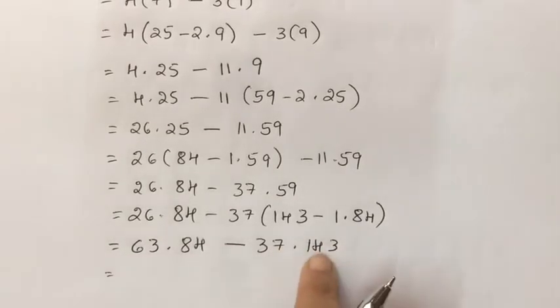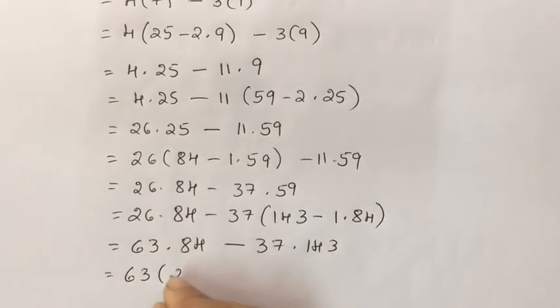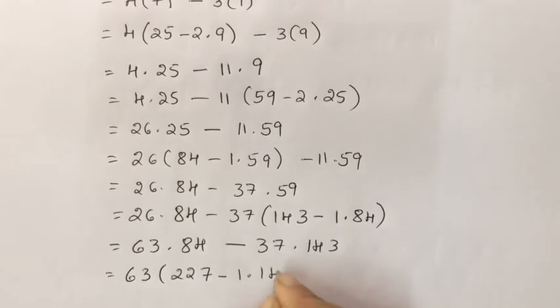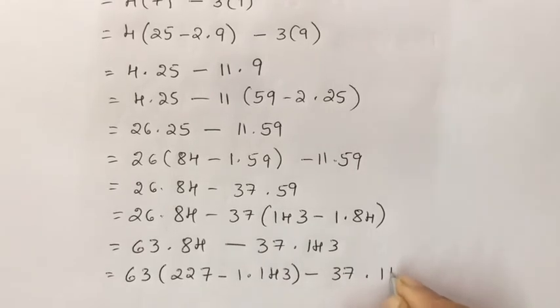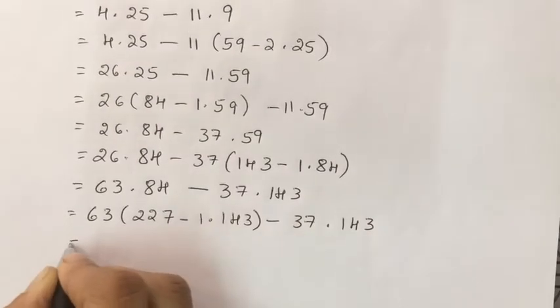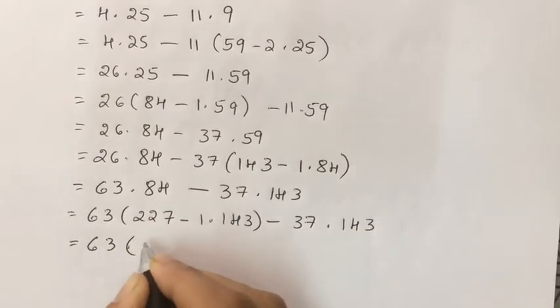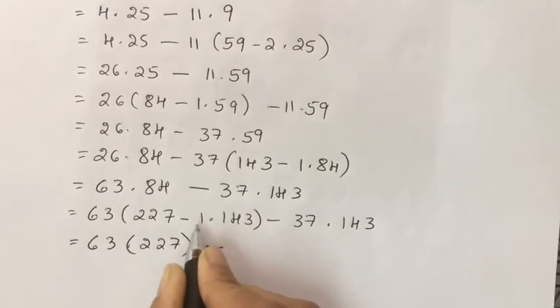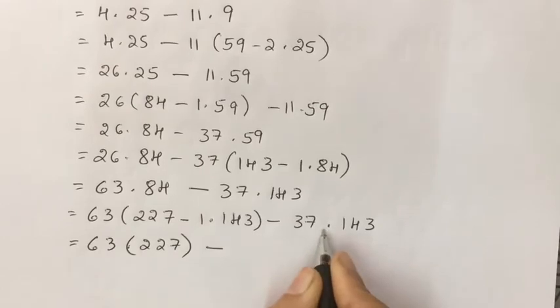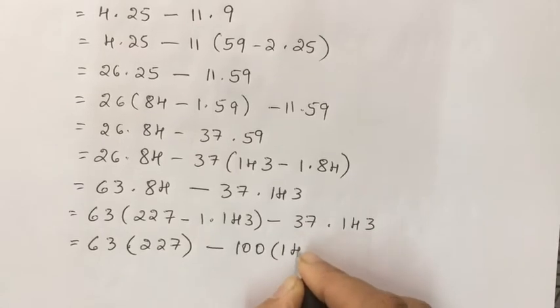So now I'll rewrite this 84: 63 into 227 minus 1 into 143 minus 37 into 143. So that this will be 63 into 227 minus, 63 minus 37, so minus 100 into 143.